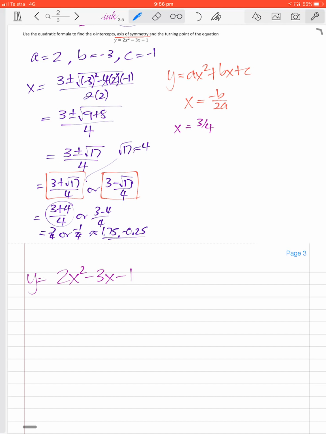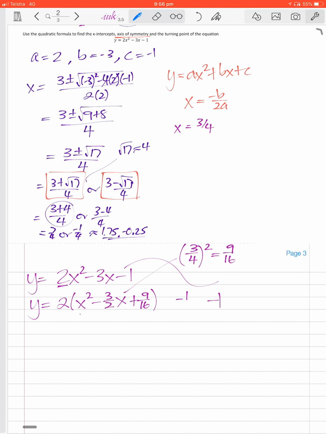I've got to take a 2 out, so I say 2 times x squared minus 3 on 2x. Now I usually just move the -1 over to here. If I halve 3 on 2, it becomes 3 on 4. If I square it, I get 9 on 16. So to make this a perfect square, I've got to say plus 9 on 16.